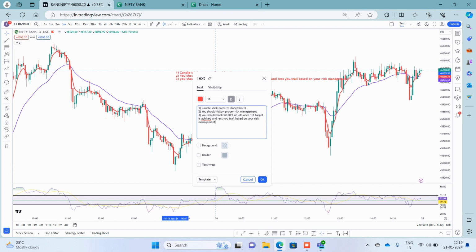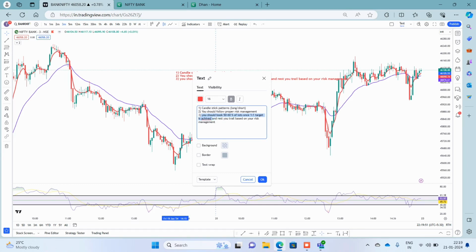So one thing is there are certain candlestick patterns that we need to follow for our entry and exit. To take a long trade or a short trade, we have to follow certain candlestick patterns. Then only we enter into the trade. Second, you should follow proper risk management. And third, you should book 50 to 60% of your lots once the 1:1 target is achieved.